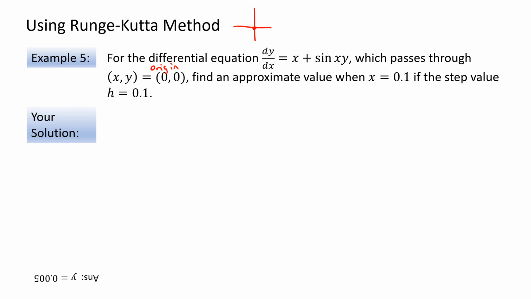So one thing you'll notice here, I set this question up like this on purpose. The step value and the value for x are the same, okay? So we start at 0 and we go to 0.1, and our step value is 0.1. So we're only doing these calculations once. And the reason for that is, again, I talked about this when we talked about infinite series.